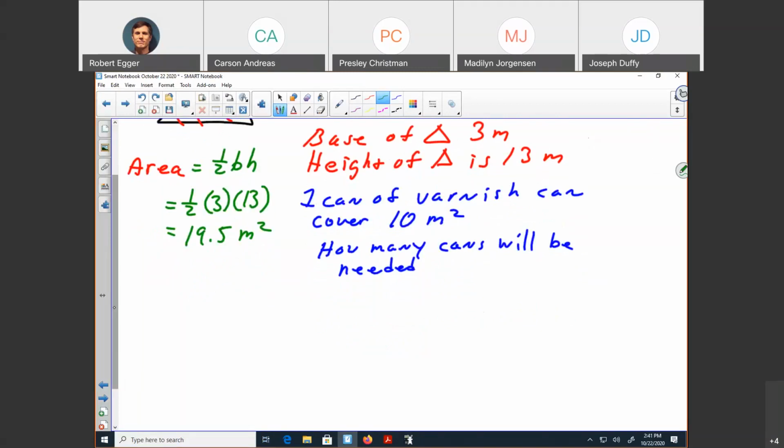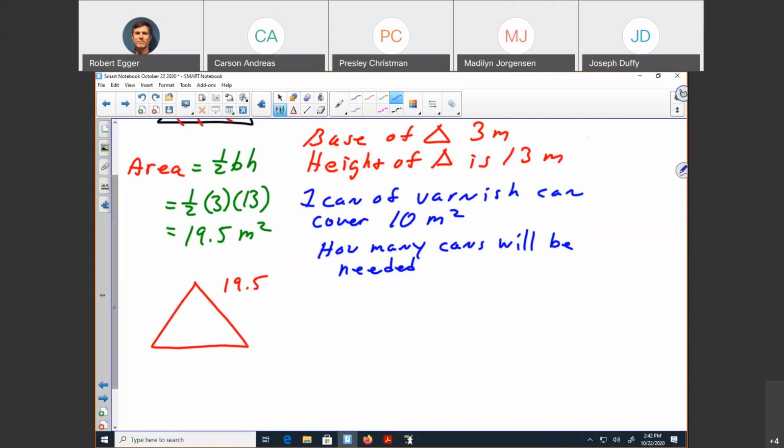All right. How many cans? Let's see. I'm just trying to figure out the best way to explain it. All right, let's do it this way. Here's 19.5.